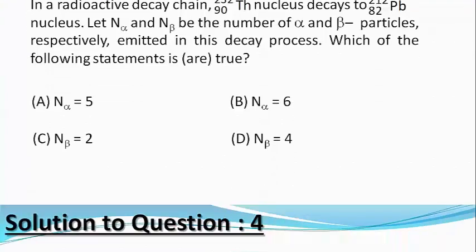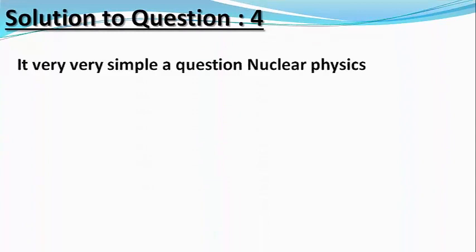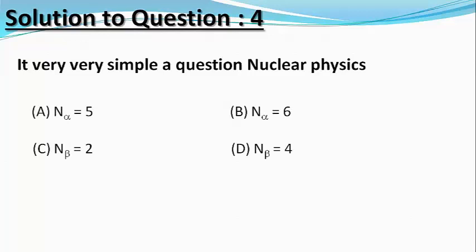It is a very simple problem from nuclear physics and may have one or more than one statements true. A close examination of the problem reveals that out of statements A and B, only one may be correct. Likewise, out of statements C and D, only one statement may be correct.